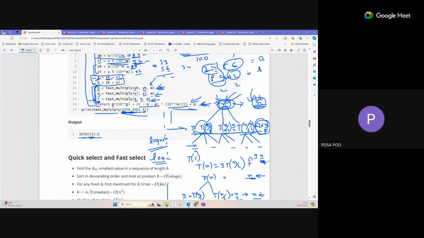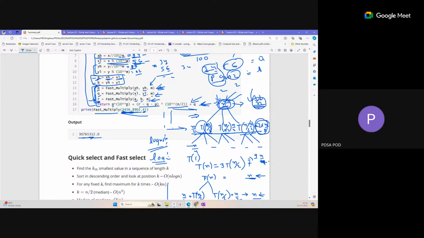Regarding the complexity, at each level the number of operations changes. When we calculate the number of operations at each level, maybe you will get the same number of operations at each level. Sometimes the number of operations is increasing, and sometimes it is decreasing.